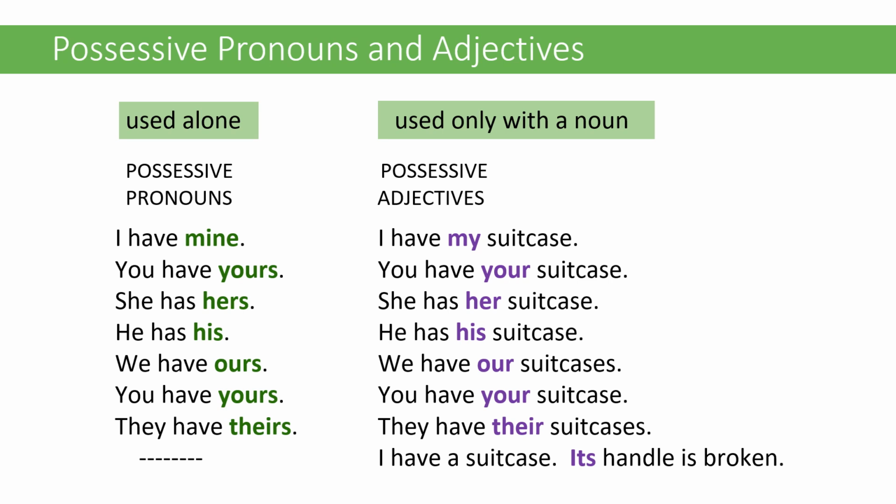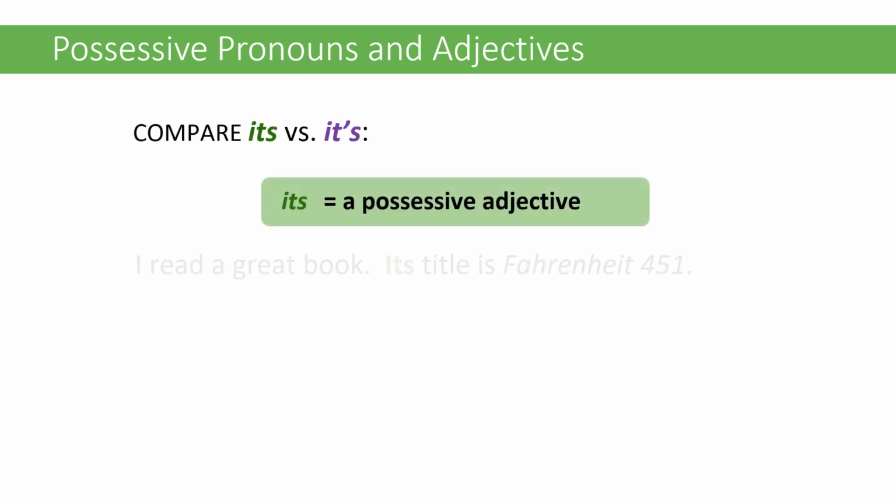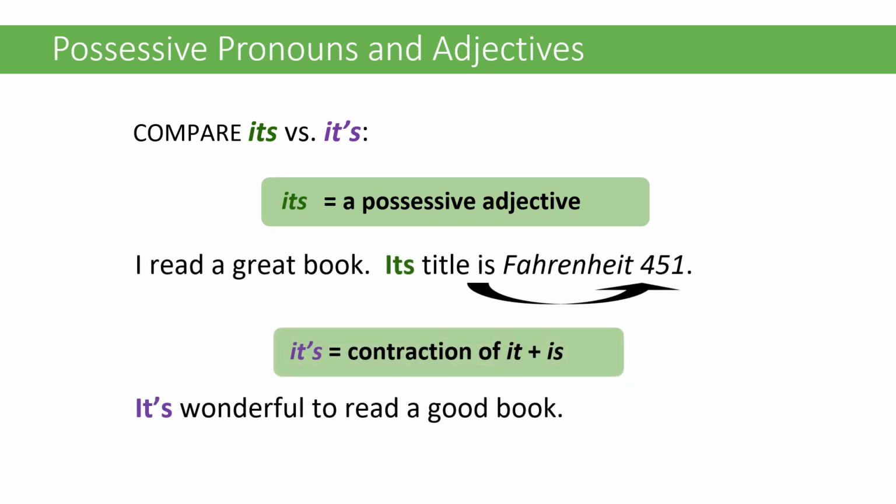I have a suitcase. Its handle is broken. Its, with no apostrophe, is a possessive adjective. Look at the example. I read a great book. Its title is Fahrenheit 451.